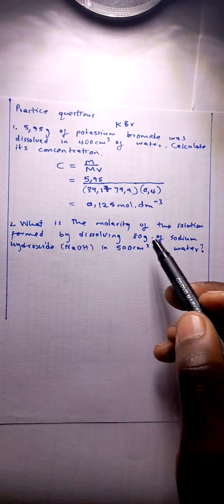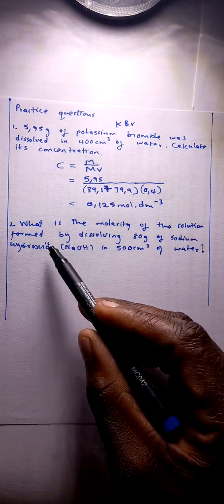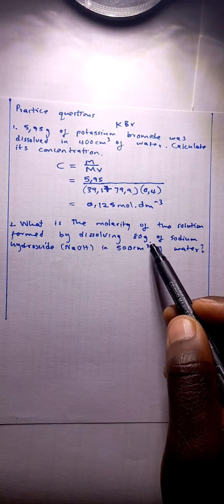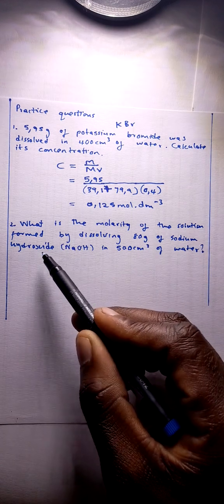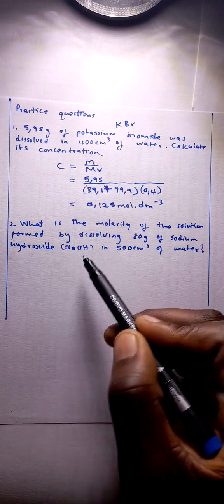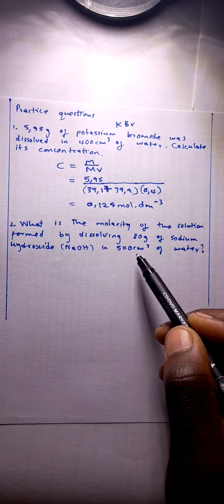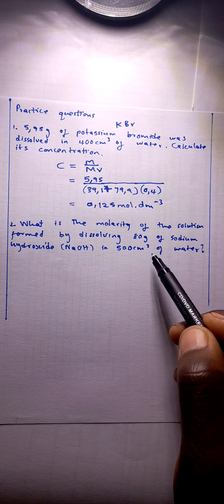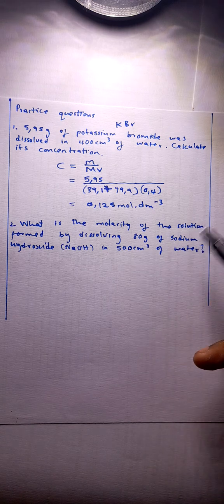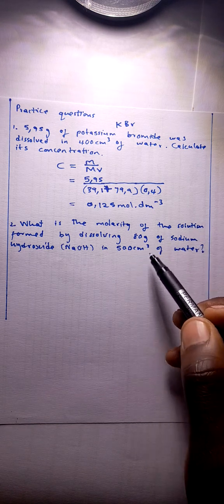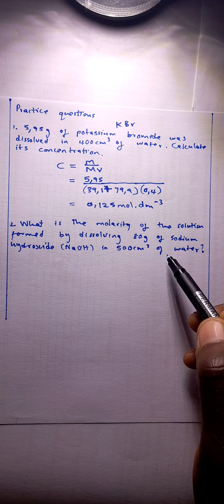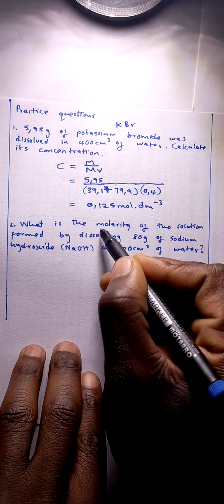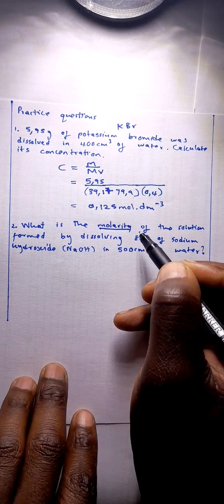What is the molarity of the solution formed by dissolving 80 grams of sodium hydroxide? We are given sodium hydroxide in 500 cubic centimeter. You see, you must convert that to cubic decimeter, unless otherwise they want it in this form. But the SI unit needs it to be converted, of water. Now the question is asking for molarity. What did we say about molarity?